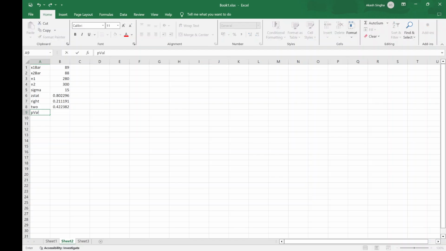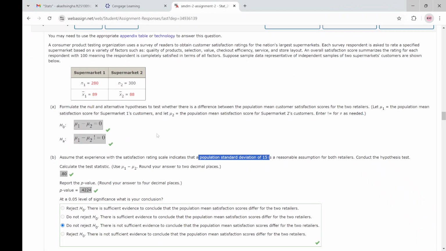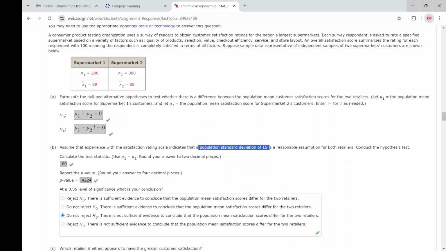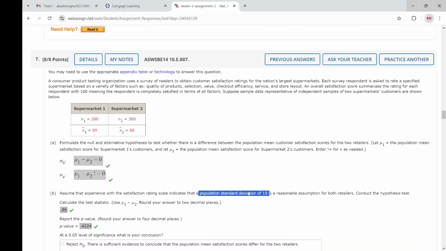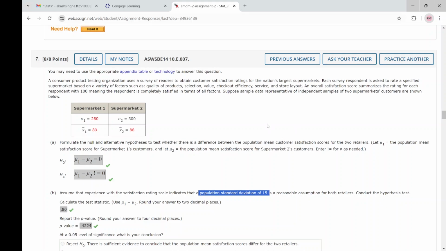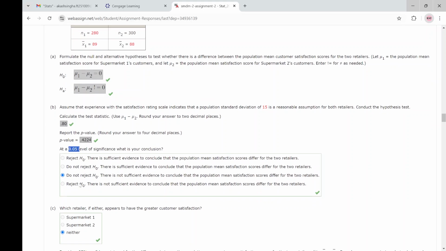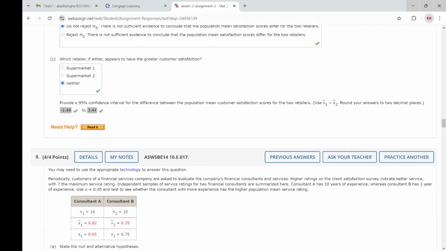And the p-value, sorry, this is the p-value, right? Yeah, so p-value is 0.4224 and z-stat is 0.80. Now because p-value is greater than alpha, alpha is maybe given somewhere, 0.05. Yeah, so it's greater than that. That's why we cannot reject.